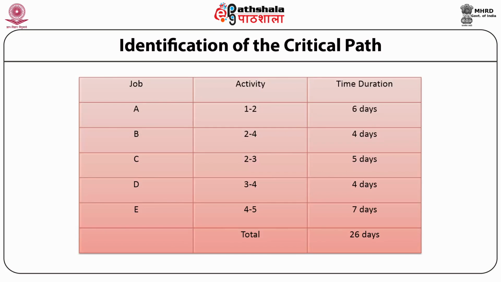Job B has the activity 2 to 4 and the time duration is 4 days. Job C has the activity 2 to 3 and the time duration is 5 days. Job D has the activity 3 to 4 and time duration is 4 days. Job E has activity 4 to 5 and time duration is 7 days. There is a total time duration of 26 days.